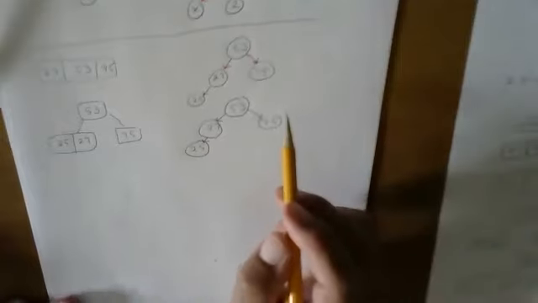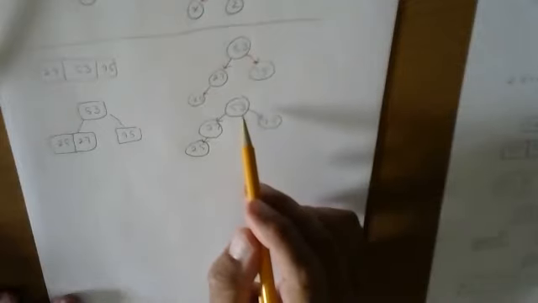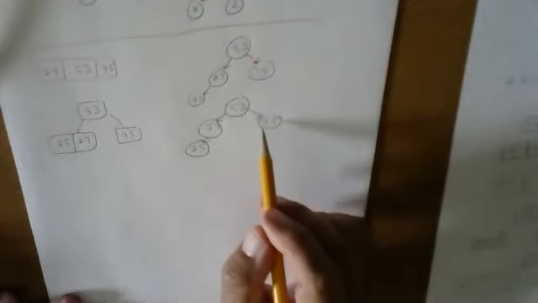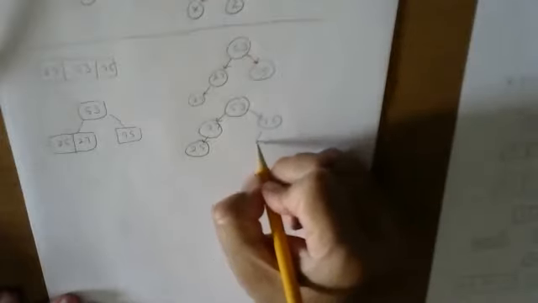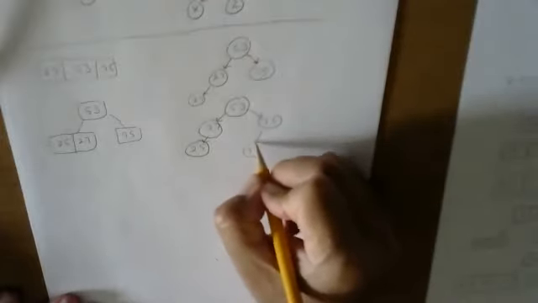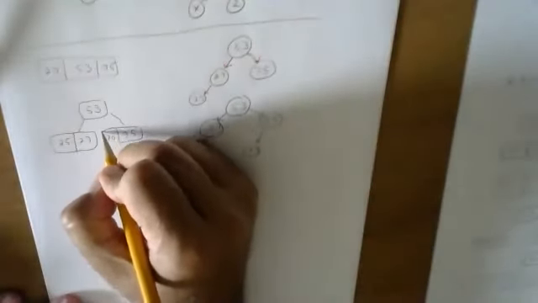Next node I'd like to add is 70. Where do you think 70 is going to go? To the left of 75. And it looks like everything's good because over here, I would just be adding 70 as a sibling.